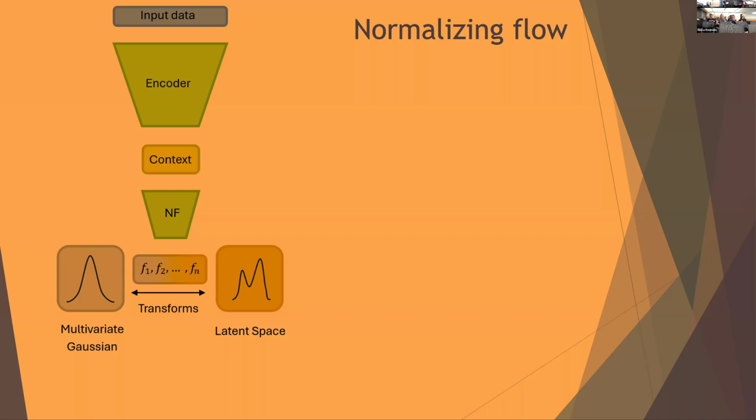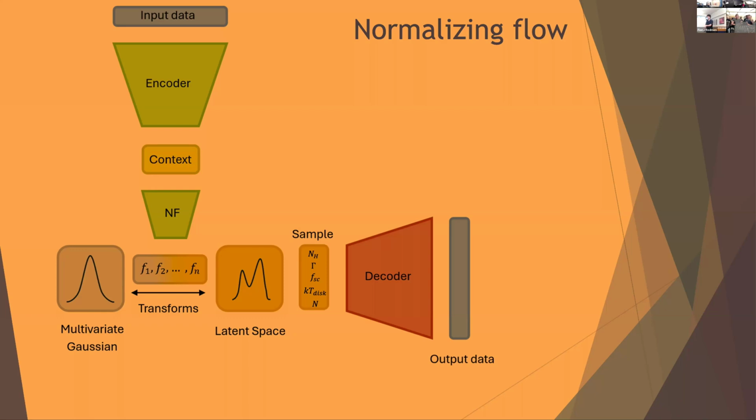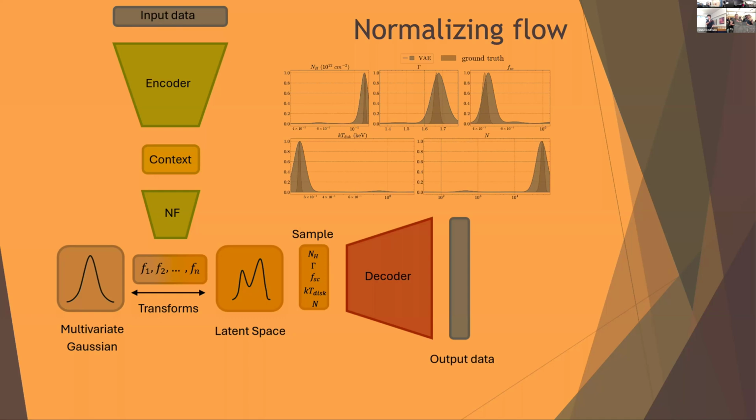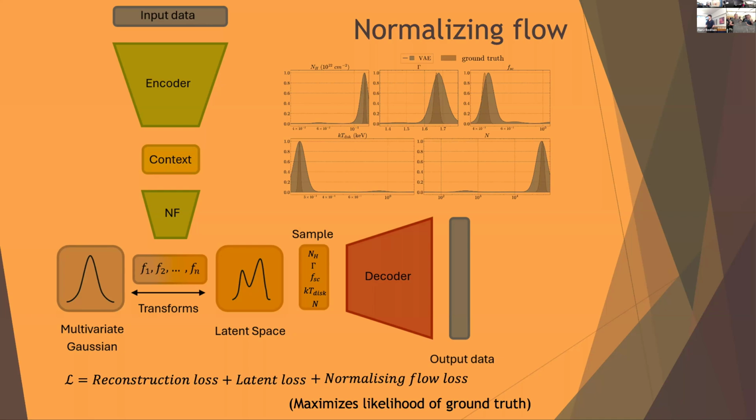We have a slightly more complex structure here, but essentially we get out a more complex probability distribution. Then we sample from that distribution like in the other autoencoders, and feed that through our decoder to get our output data. Our loss function is pretty similar to the variational autoencoder one, but instead of the KL divergence, we use this normalizing flow loss, which essentially maximizes the likelihood of our ground truth values.